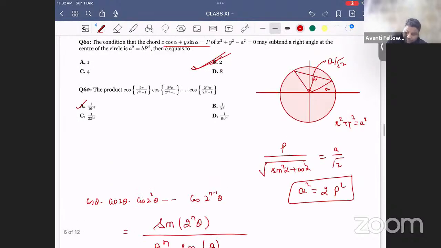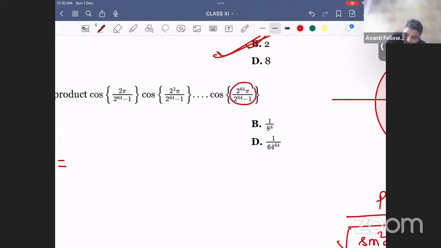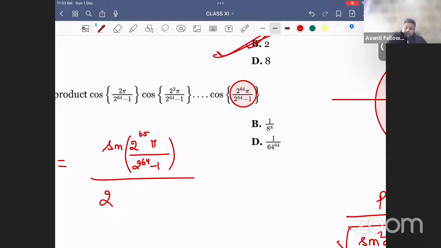Now see here also, sine of double of the largest angle, so sine of 2 to the power 65 pi upon 2 to the power 64 minus 1, upon 2 to the power number of cosines used. The number of cosines used is 64 here, into sine of the smallest angle, that is 2 pi upon 2 to the power 64 minus 1. Am I correct?